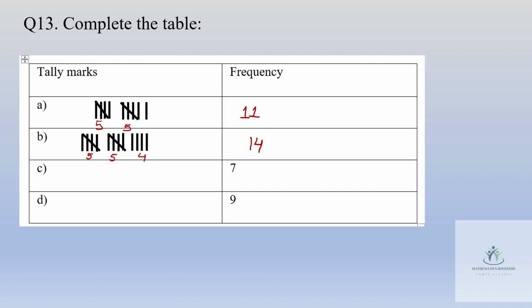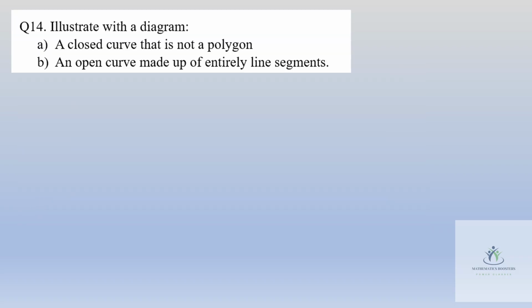Next, draw 7. So how will we draw 7? 1, 2, 3, 4. A pack is 5 and 2 more lines. 7. Next is 9. First we will draw a pack, 5, 6, 7, 8, 9.